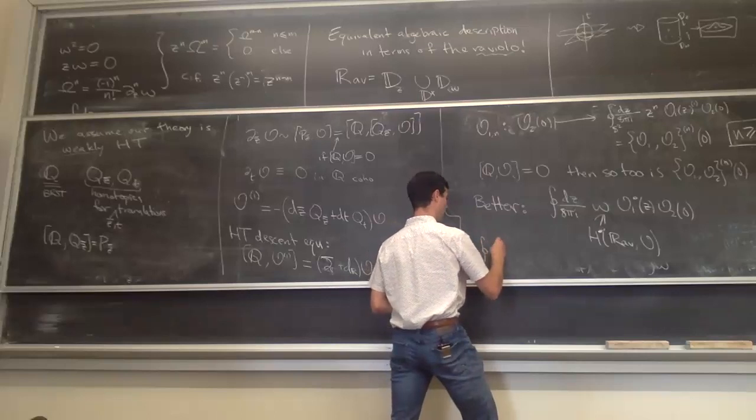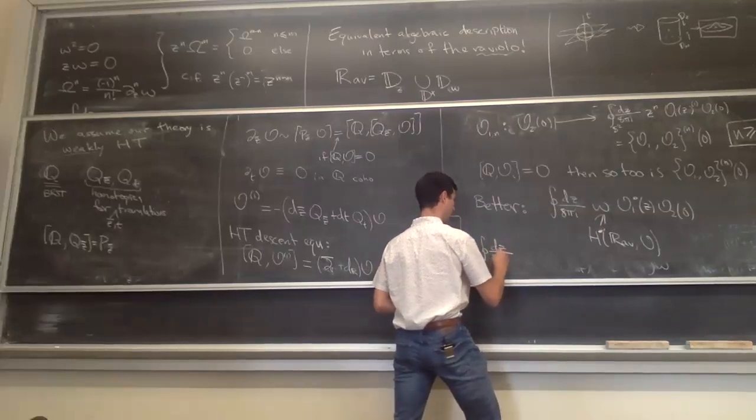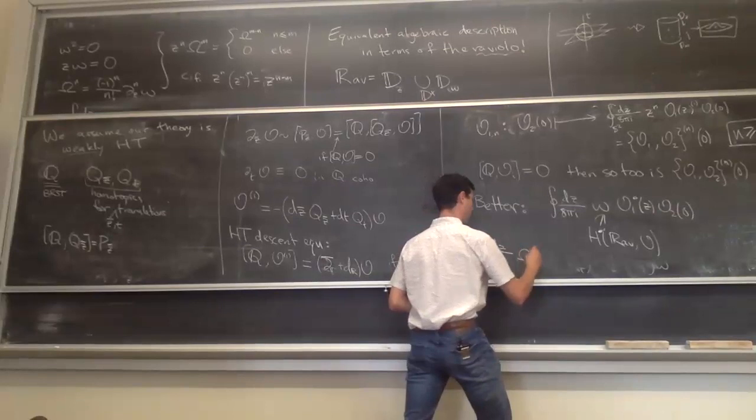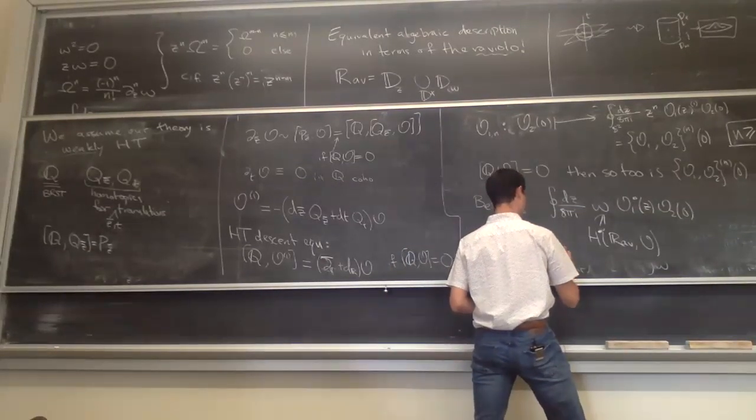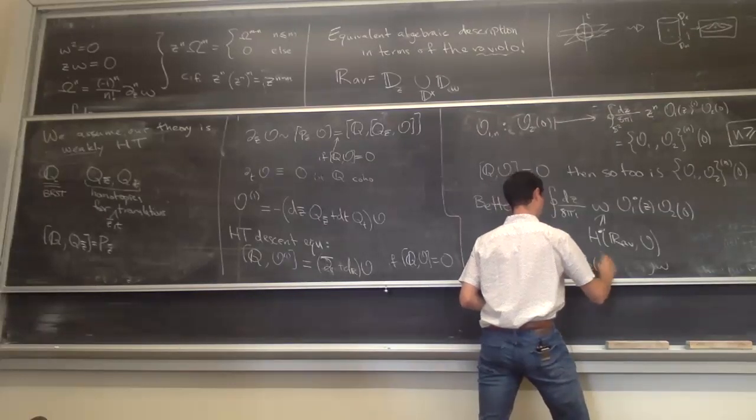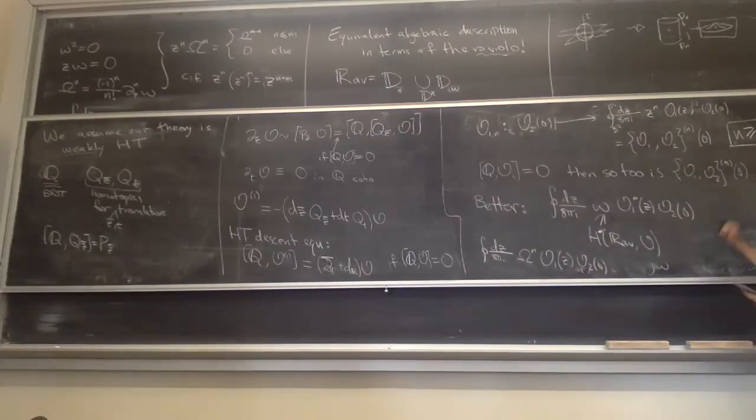So what I mean by that is dz over 8 pi I omega n O1. Oh, I forgot to mention the bullet notation. This bullet is O1 plus its first descendant. There's also a second descendant that I haven't mentioned.